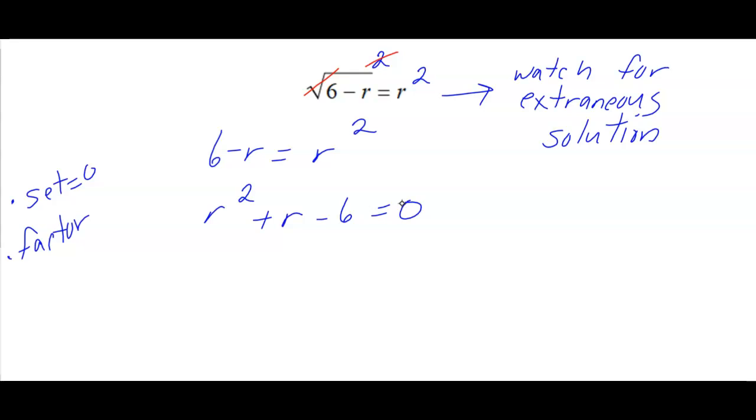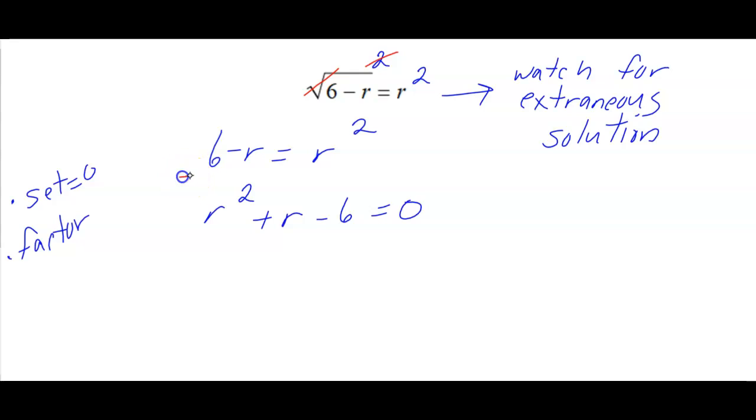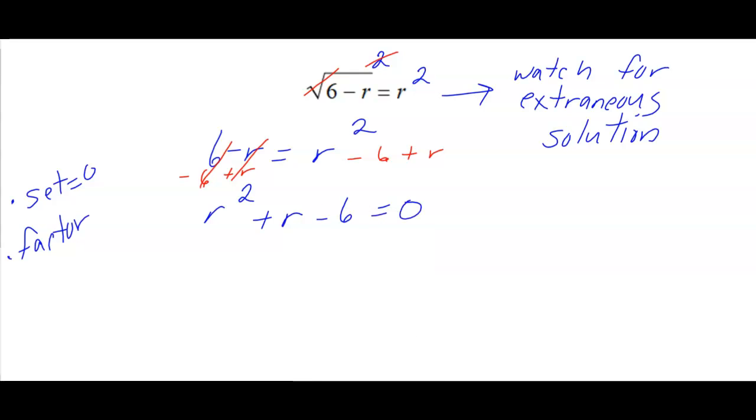Okay, because let me just put the steps in there. You would have to subtract this 6, and you would have to add this r. So if I subtract 6 and add r, these cancel, and then this is what I'm left with, but then you want to make sure you put it in standard form. Okay, so now we're down to factoring. You need to look for two numbers that multiply to -6, but add to +1.